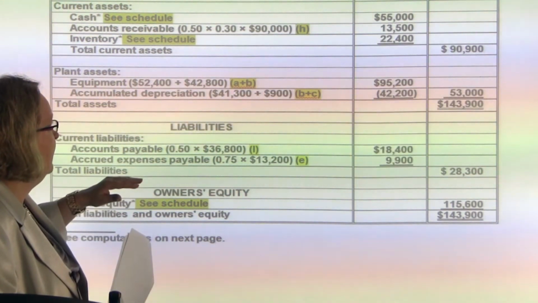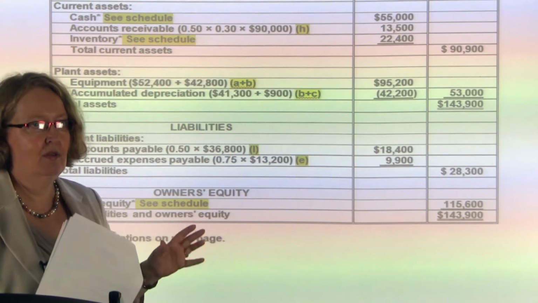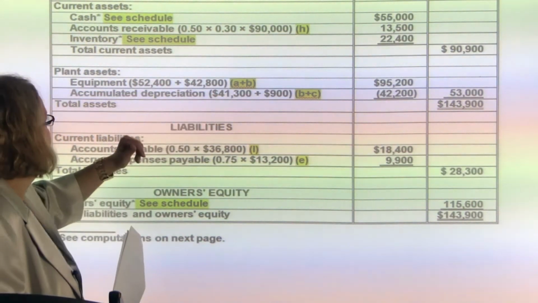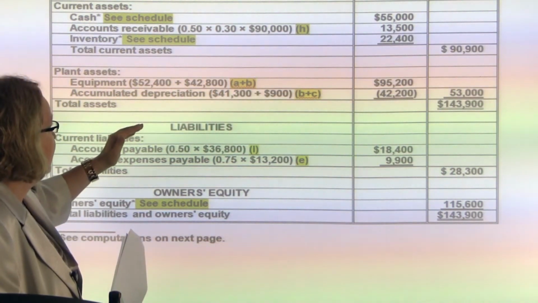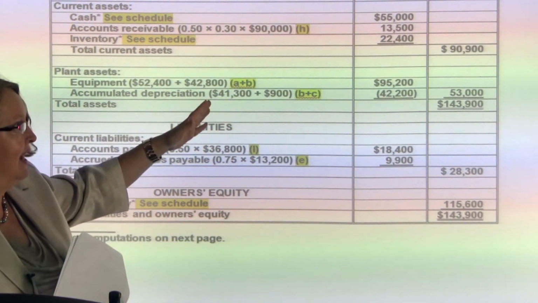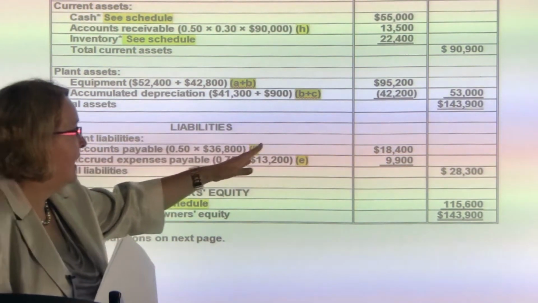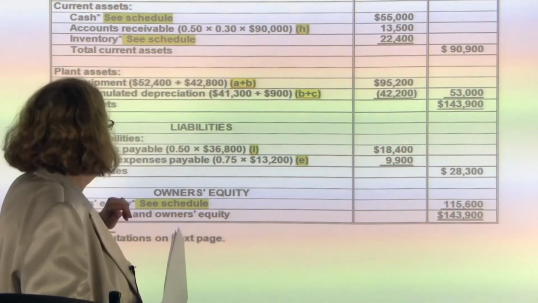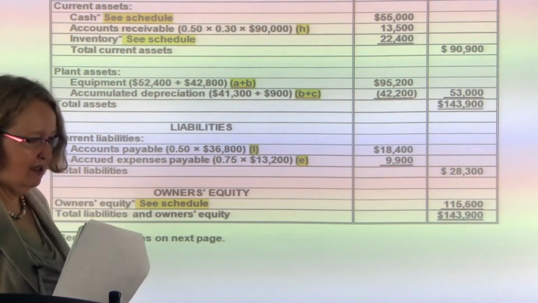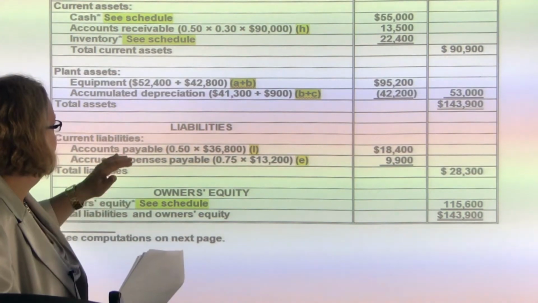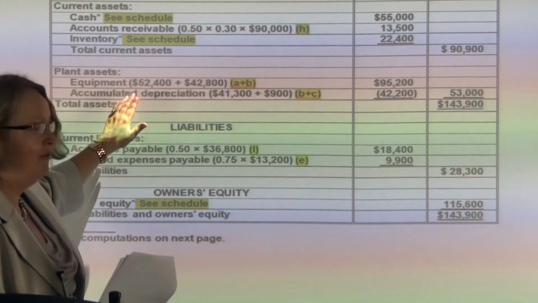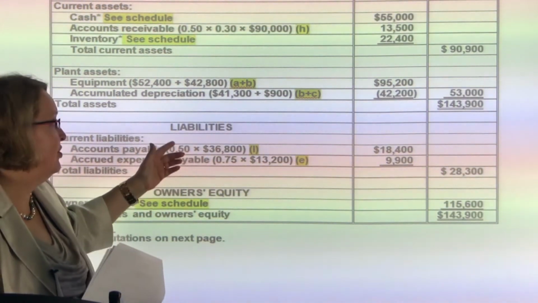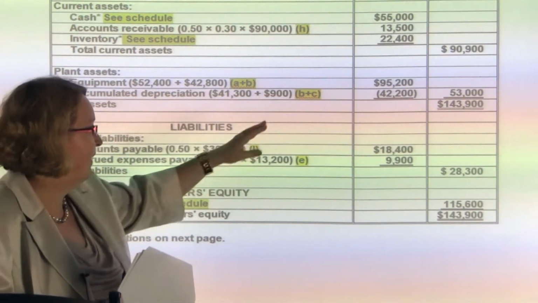So half of the $27,000 you're going to be owed at the end of the month. That's where the $13,500 came from. So your current assets is comprised of the three categories: cash, accounts receivable, and inventory, and added together for your $90,900. Your assets, you started off with, in A, your beginning balance of equipment is $52,400, plus you purchased $42,800 during the year, which will give you $95,200.